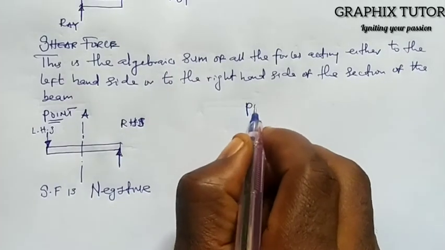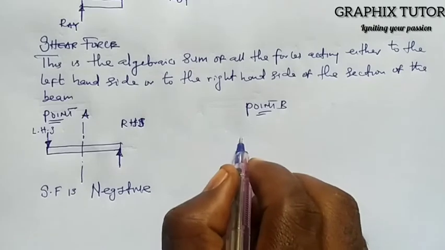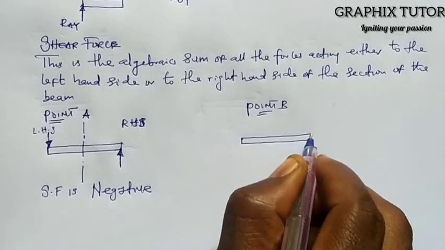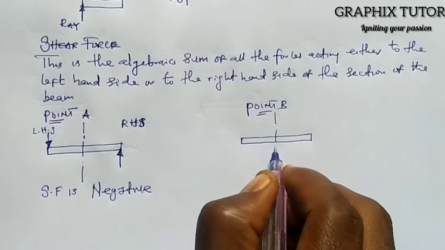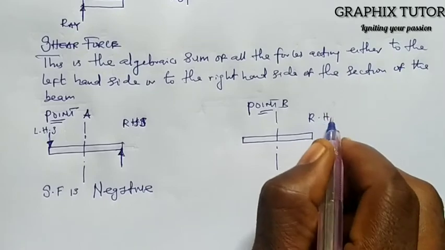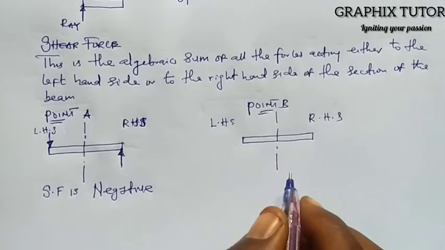Point B. If I still have a similar beam that is sectioned, so we have also the right hand side and the left hand side.